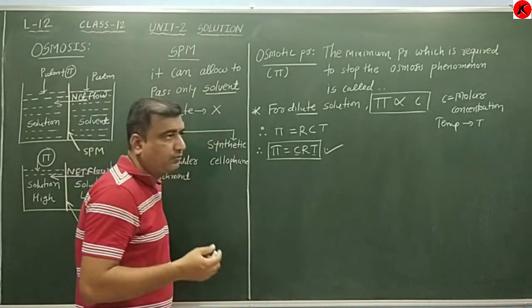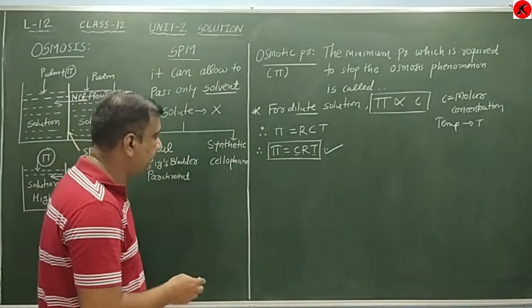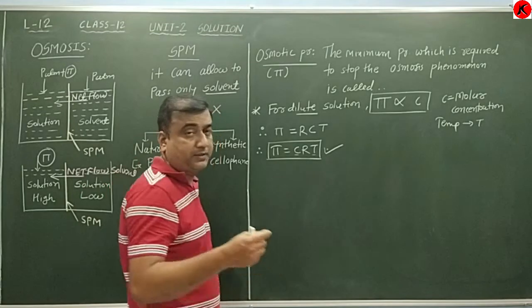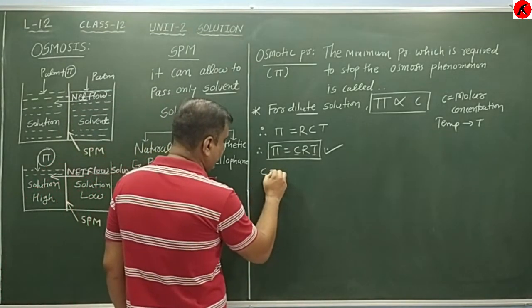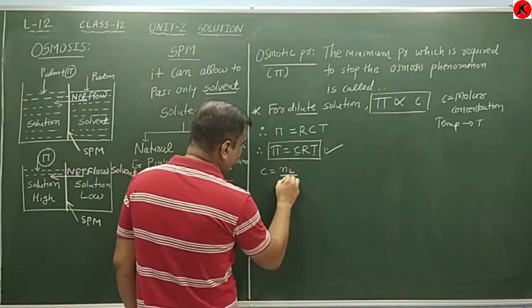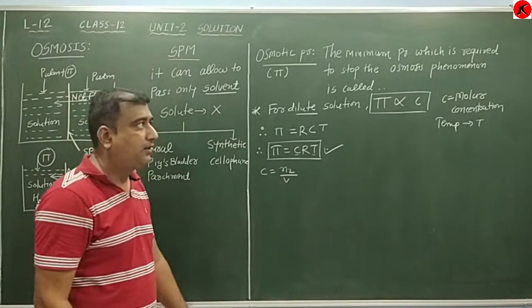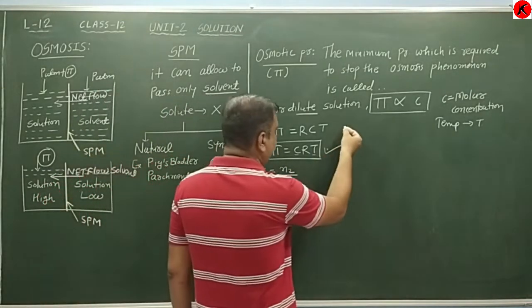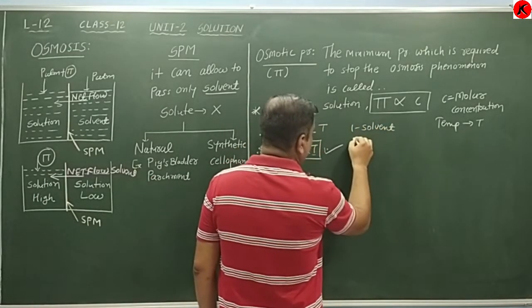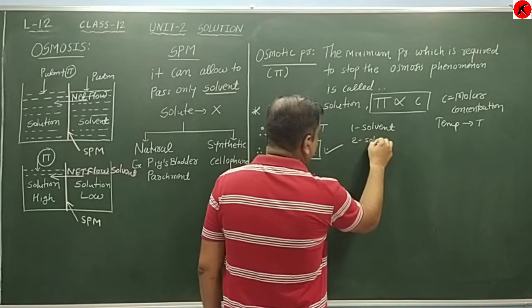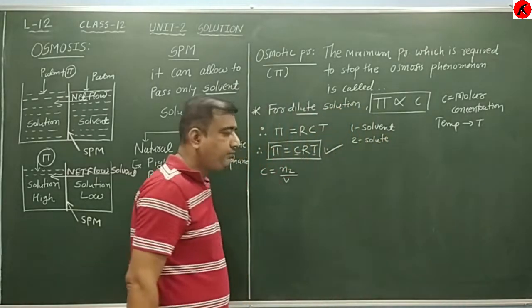Now we know how to calculate the molarity, the molar concentration. Molarity means moles per liter. So C equal to n2 by V, where 1 means solvent and 2 means solute.